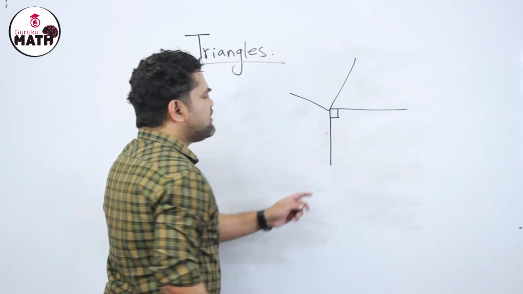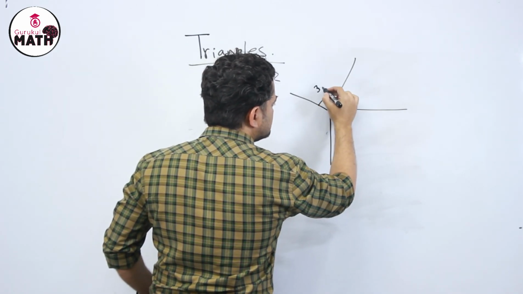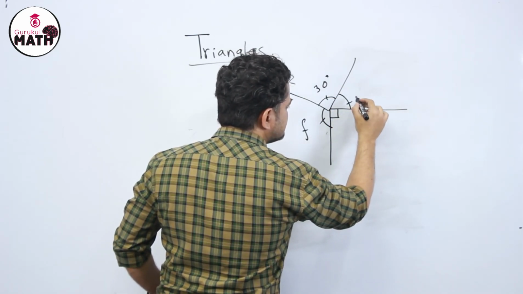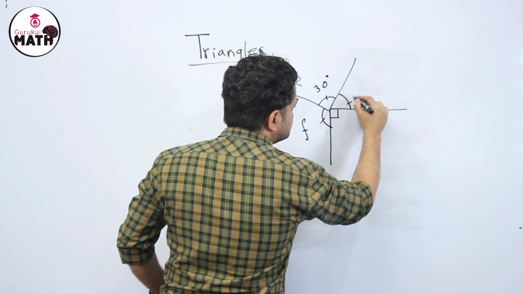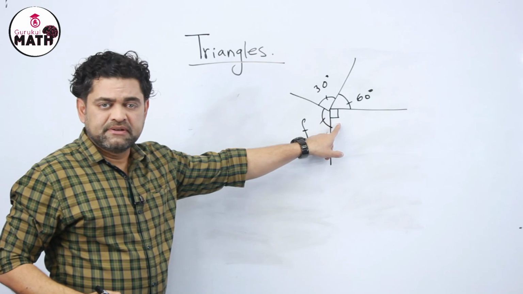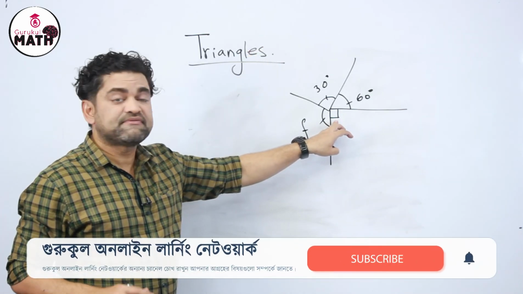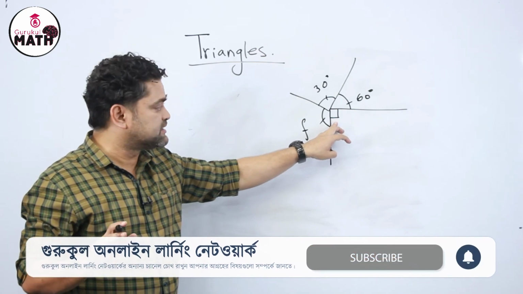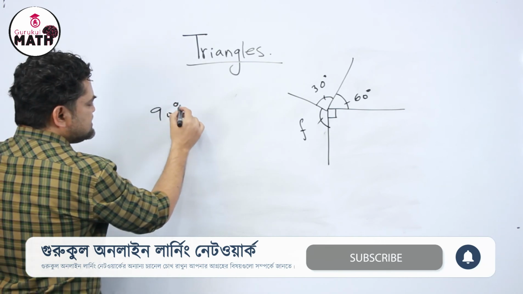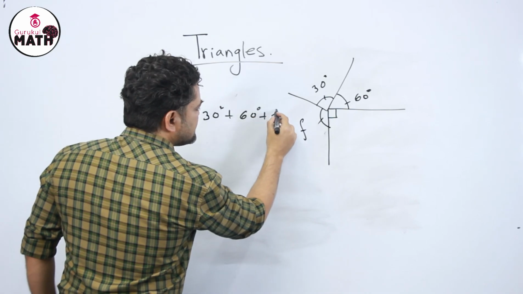So to remind you, I'm drawing this sign, and this one will be suppose 30 degrees, let it be. This is f, and this one I'm considering 60 degrees. Fine. So this one angle is not given, but if you remember our first episode about the right angle triangle, then this one I will consider as 90 degrees plus 30 degrees plus 60 degrees plus f.